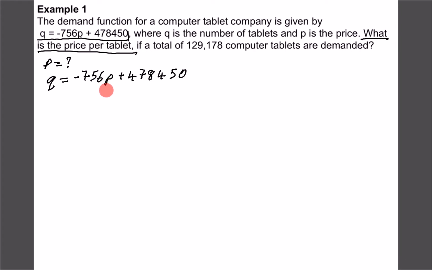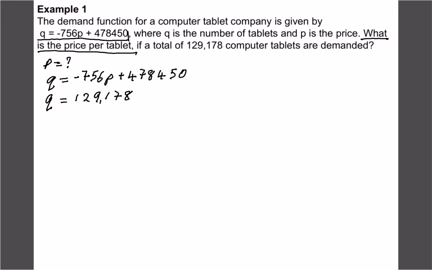Before you can get P, you must know the value of Q. So we go back to the problem and see if the problem gave us Q. Yes, if you read, it says the total computer tablets that were demanded was 129,178. So that's our Q. Now, to look for P, we take this value of Q and replace it in this equation.